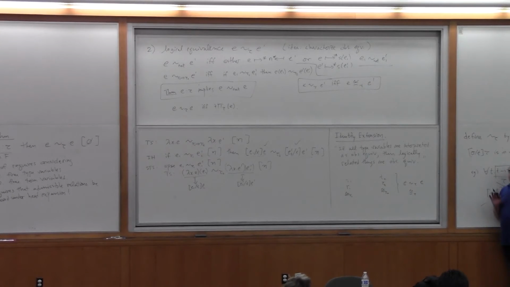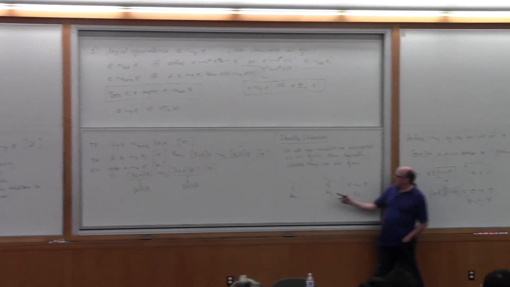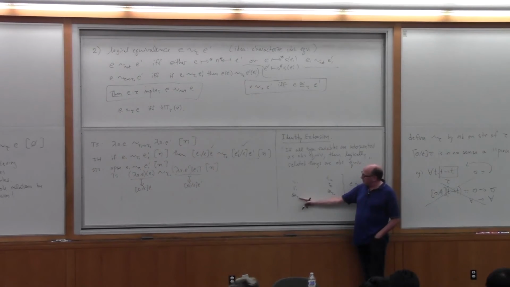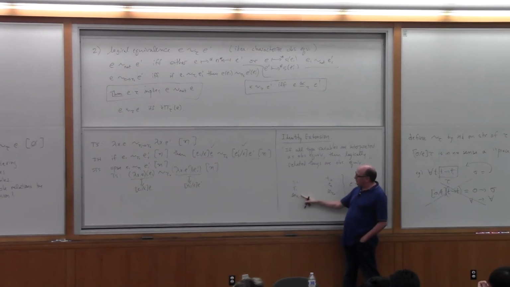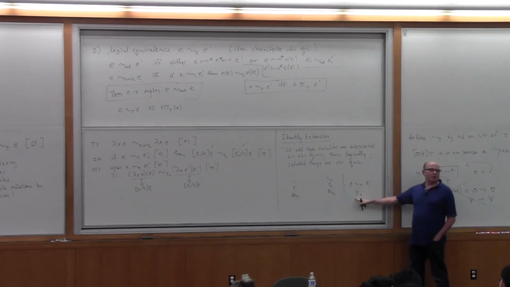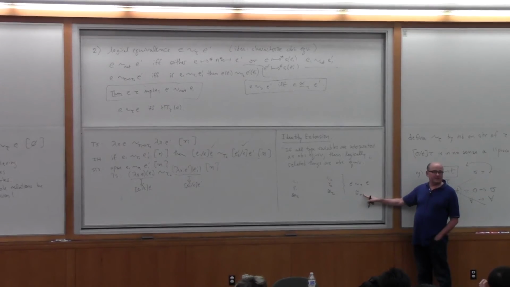So if you interpret the relation, one of the choices you have is to relate tau 1 to itself, plug in tau 1 on both sides, make those things be equality, then the relation you're defining is equality. In particular, if there are no free type variables at all, then related things are observationally equal. Boom. So it's a sufficient condition for observational equivalence.